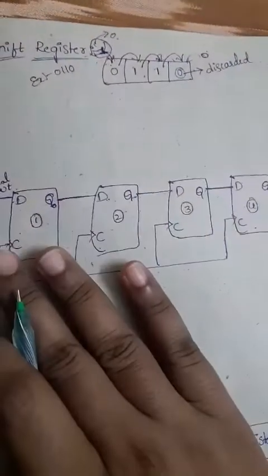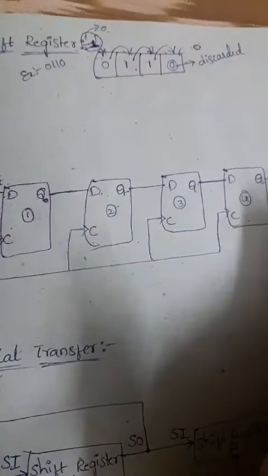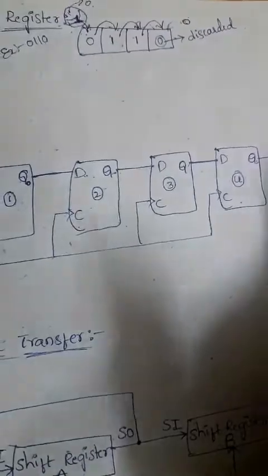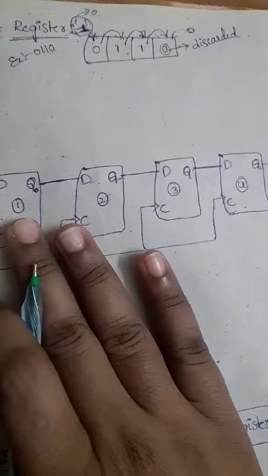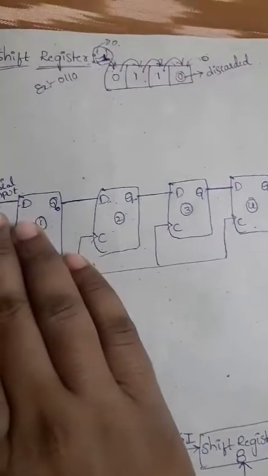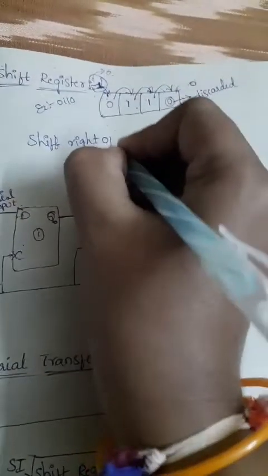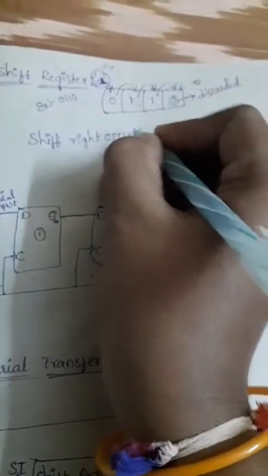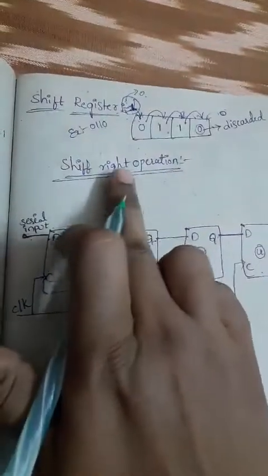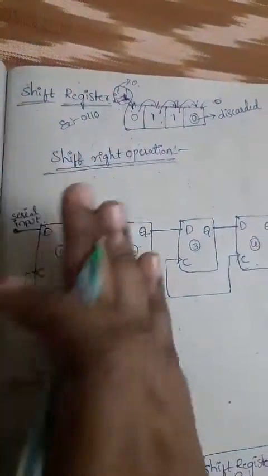For example, if you are taking the shift right operation, the shifting will compulsorily start from left to right.